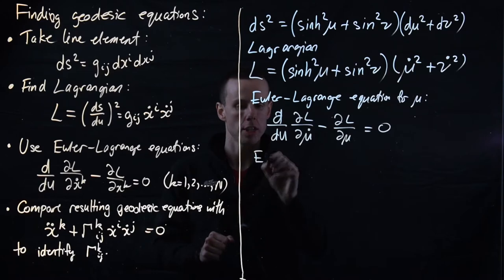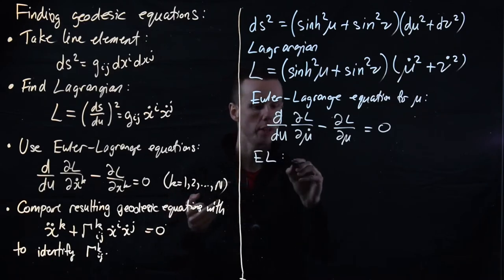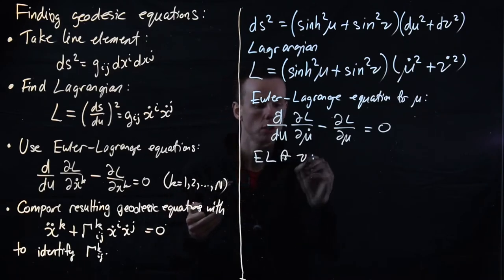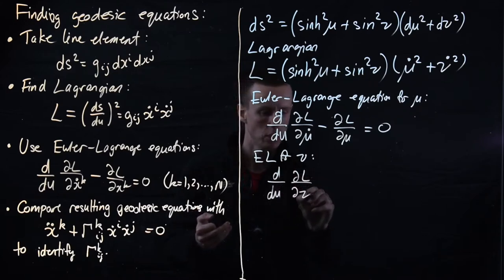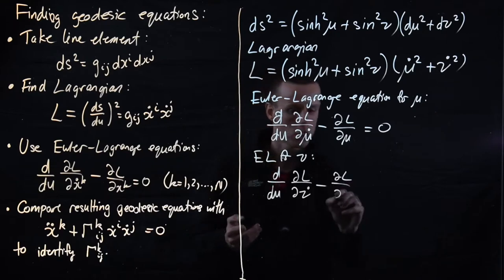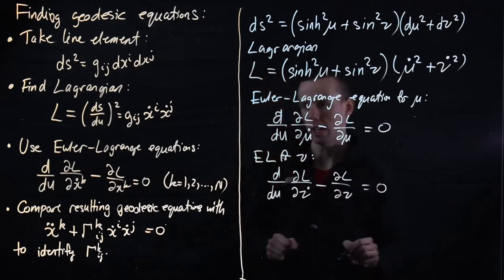And then the corresponding Euler-Lagrange equation for nu is d by du of dL by d nu dot minus dL by d nu equals 0.